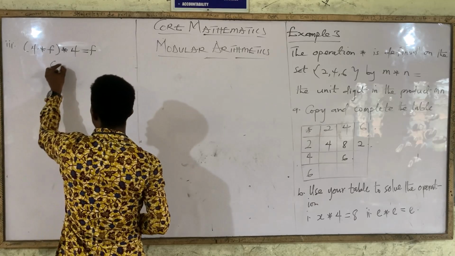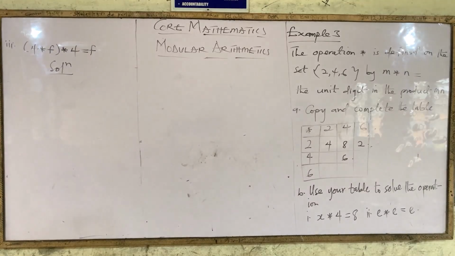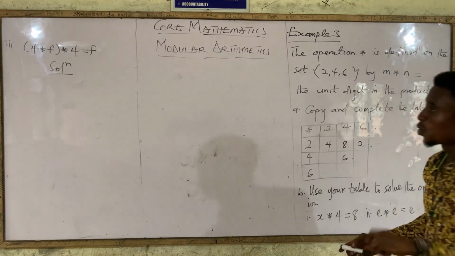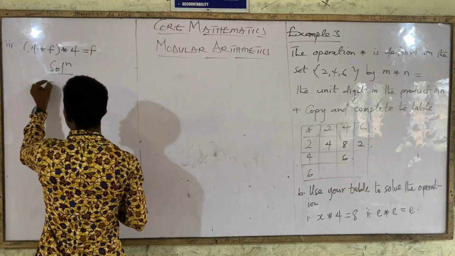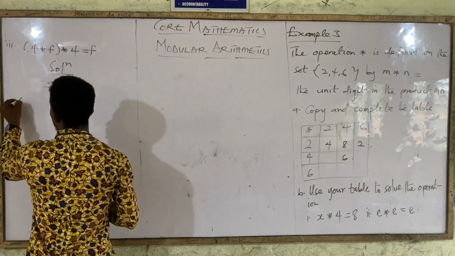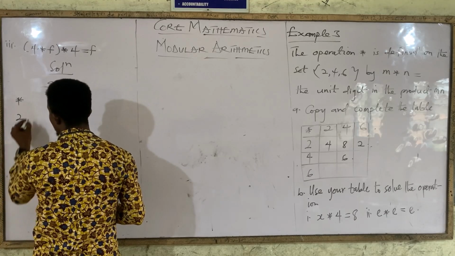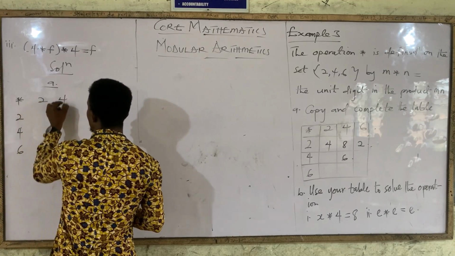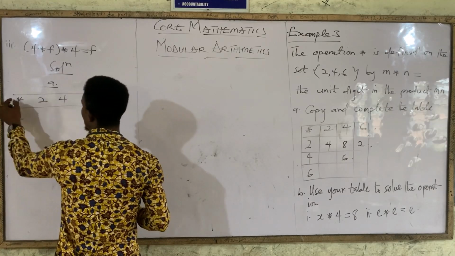Okay, so I put my solution. The first thing says I'm to copy and complete, so I want to copy this. So that is my A. So I have my star, I have my 2, 4, 6. 2, 4, 6. So I have it this way.